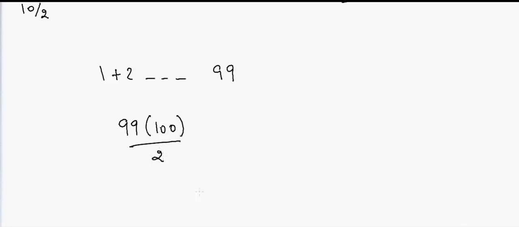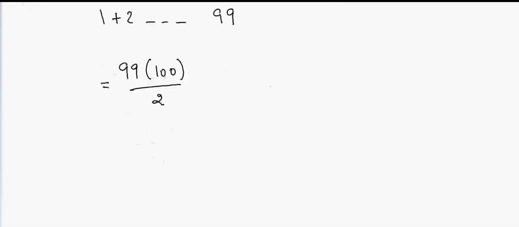Suppose now if we have to add 1 plus 2 until 99, so the answer will be equal to 99 into 100 divided by 2. If I have to do the same thing until 100, then I can do the same.